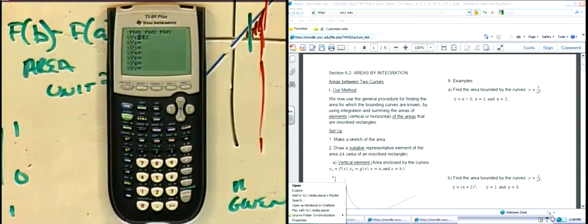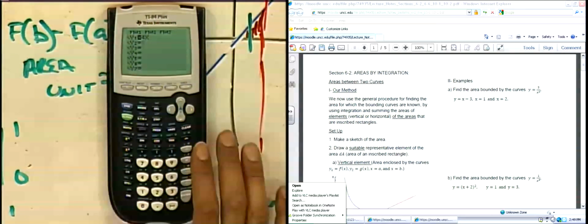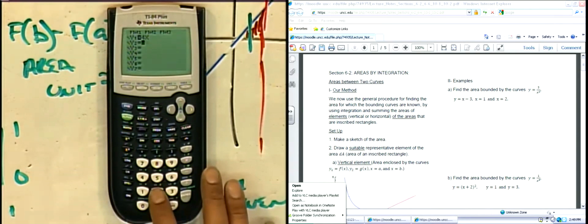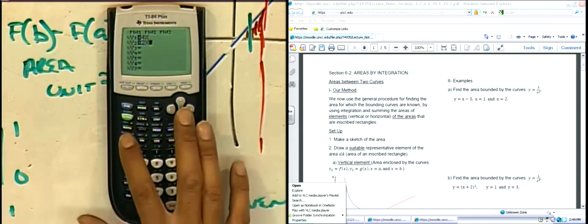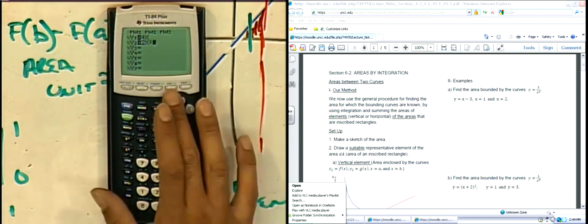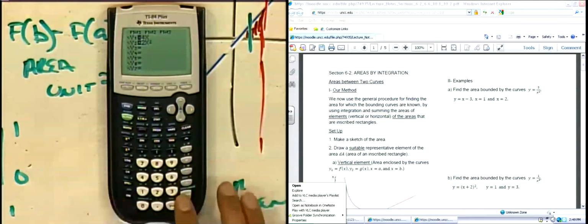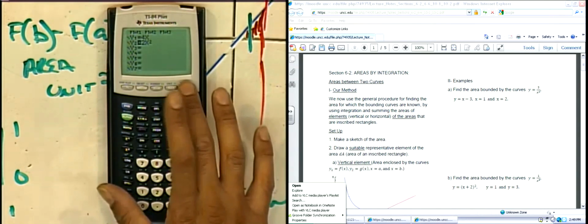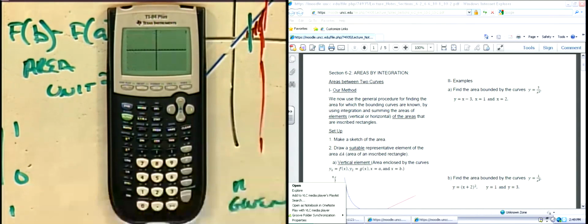We have a function right here. Our derivative is 2x squared. I don't want to graph both of them, just the antiderivative.